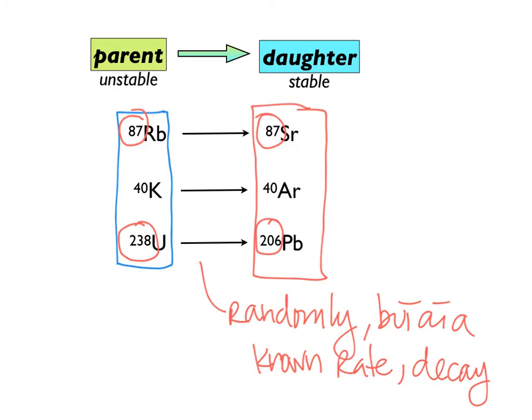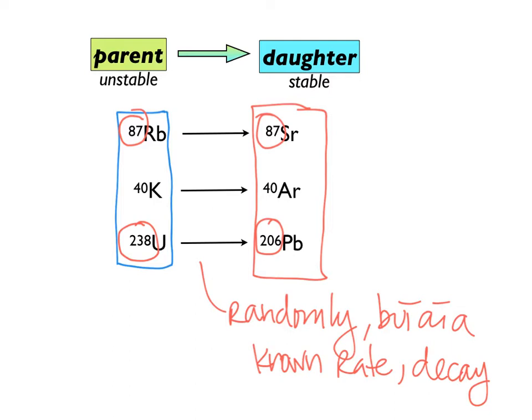And when the parent elements on the left make up part of a mineral lattice, when that decay occurs, the mineral is trapping both the parent and the daughter inside if you're below the closure temperature. So you can take that mineral and essentially count the number of parent isotopes and the number of daughter isotopes and figure out how much time has elapsed.